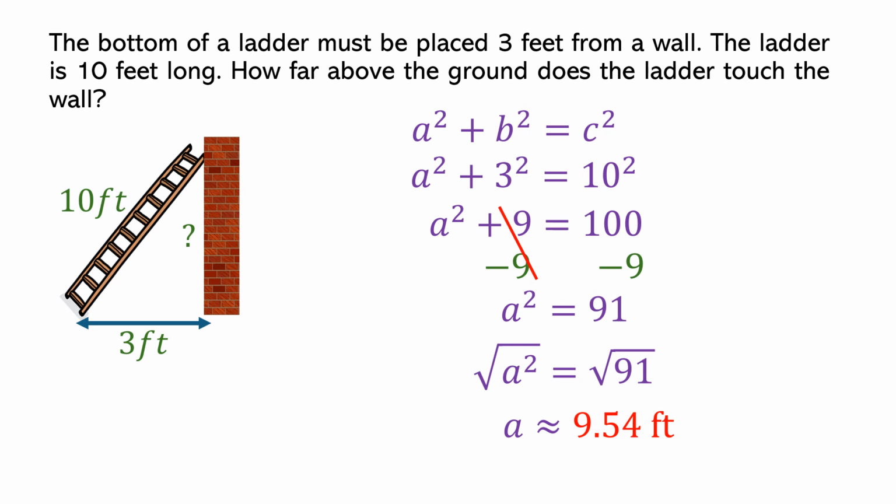Of course, it is not exact. It's probably a long answer, so you can just approximate it. That's why I'm using approximately equal to, since we are rounding off to 2 decimal places. And then don't forget to put the unit. All the given values are in feet, so we put feet. So it's 9.54 feet.